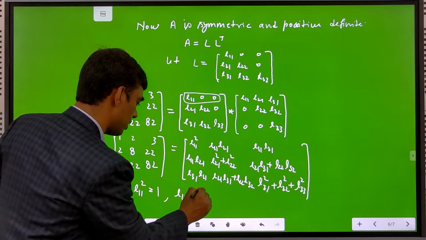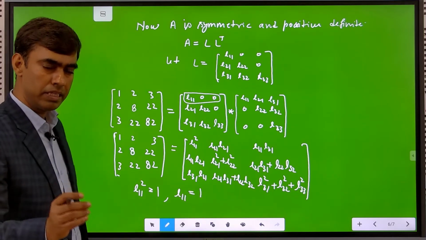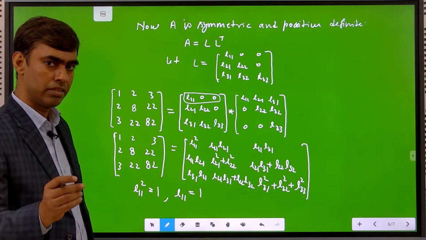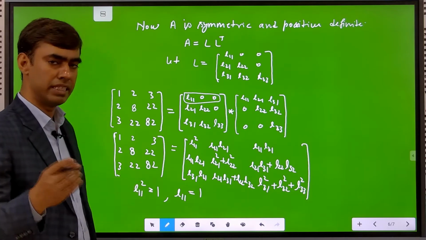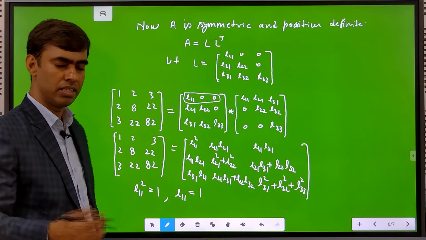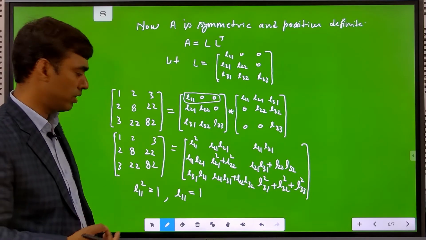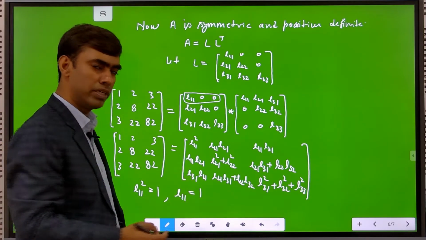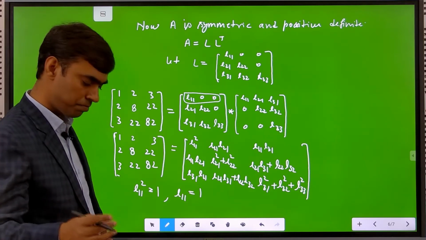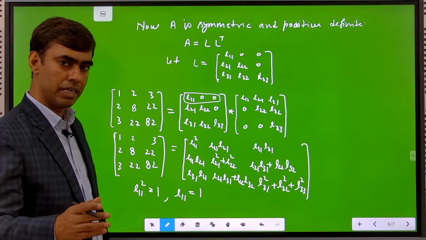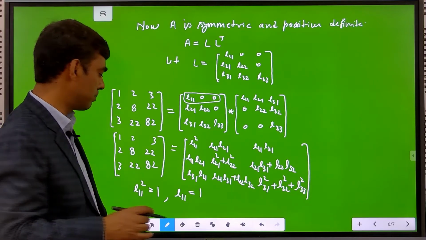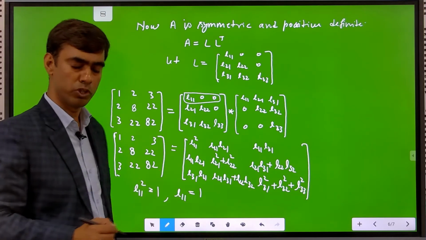L11 equals 1. Here we consider the positive root. We do not consider the negative root, because L11 square equals 1 obviously has two values, plus 1 and minus 1. You may also consider the minus 1, but the chance of propagation of error is larger in comparison to taking the positive value.